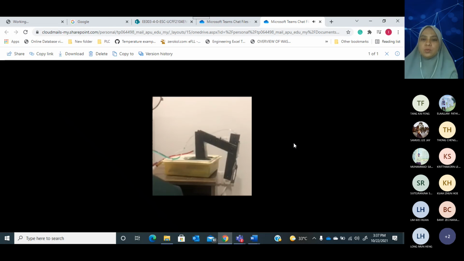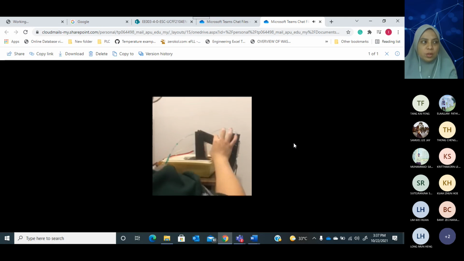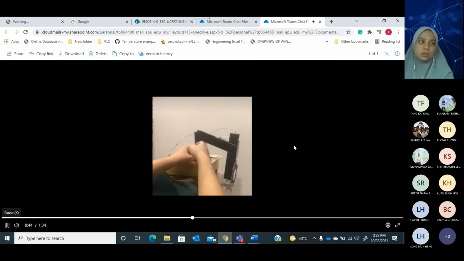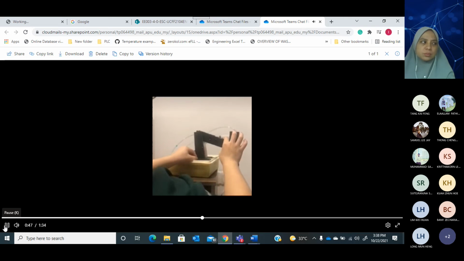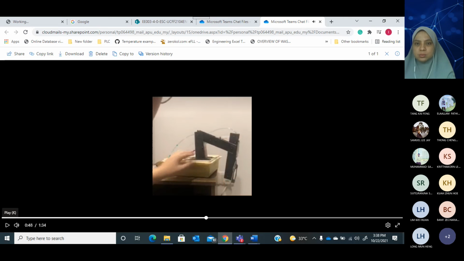Okay, so if we don't use the hydraulic system, what can we use to move the gripper? Can be powered by a motor. Can use a servo motor. Any other method to move it?